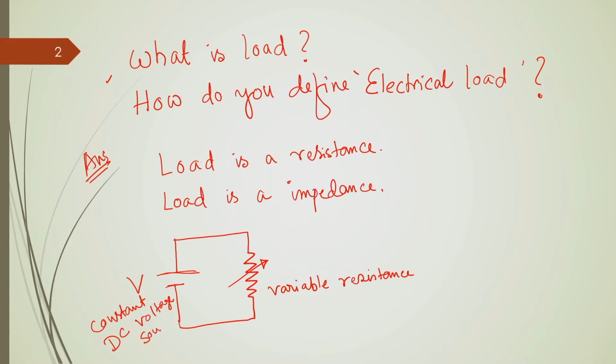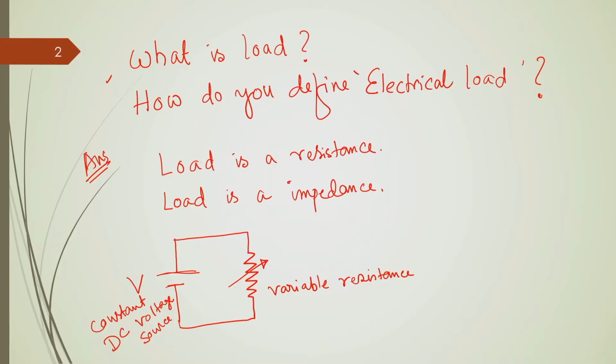This is a very simple circuit: a constant DC voltage source connected to a variable resistance. This variable resistance is available in our laboratory, and it is called a rheostat.